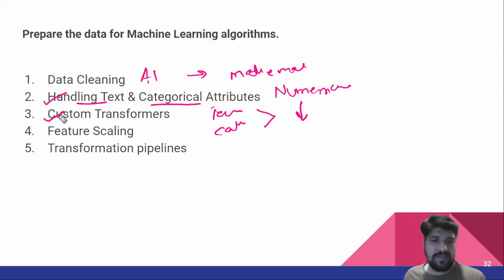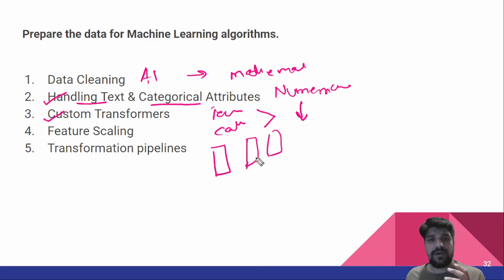Second is the custom transformer. Custom transformer means what? That suppose sometime what happen, the given features are not capable of giving the result as per our expectations. Okay, so sometime we have to derive few features, we have to transform some features.